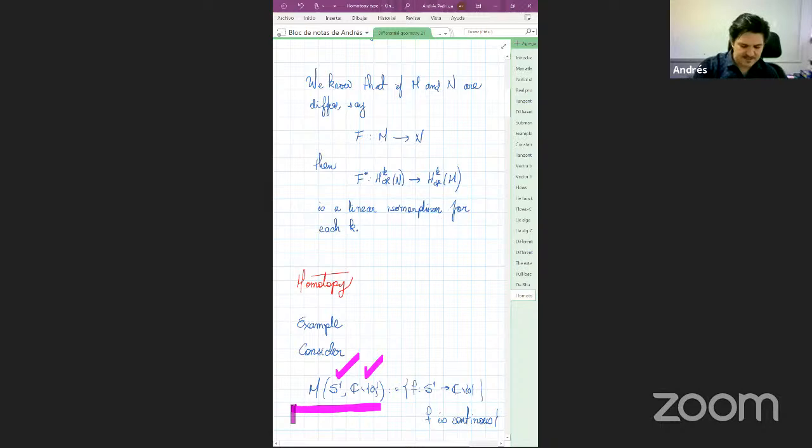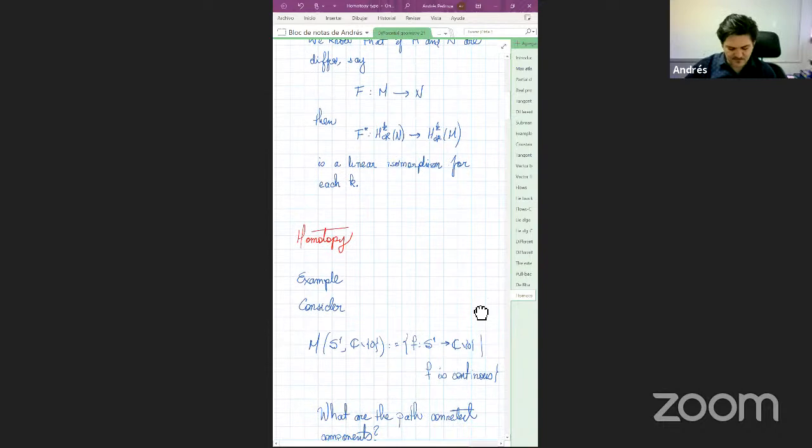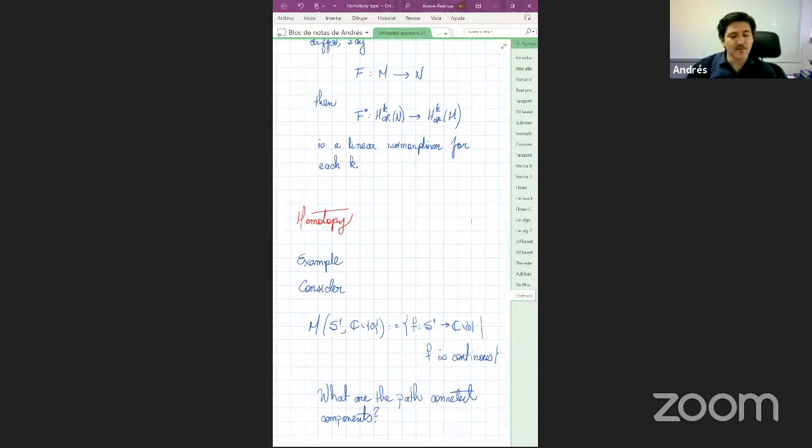Okay, this is something that you see in a topology course. And the reason that I want to emphasize having a topology here is because I would like to consider what are the connected components of that space.